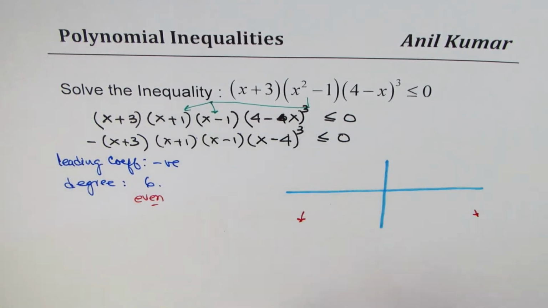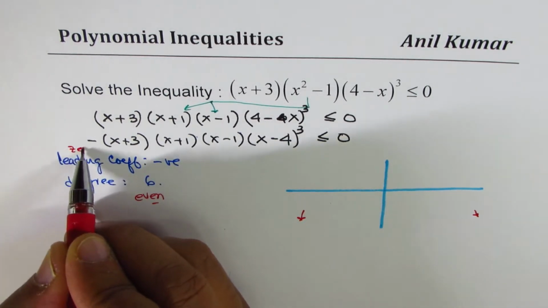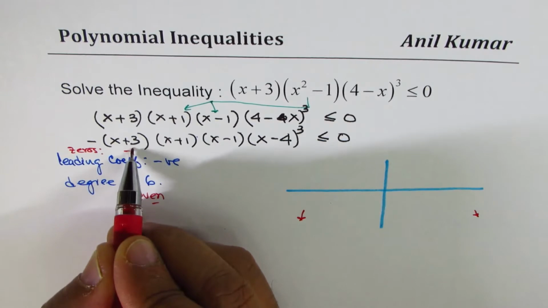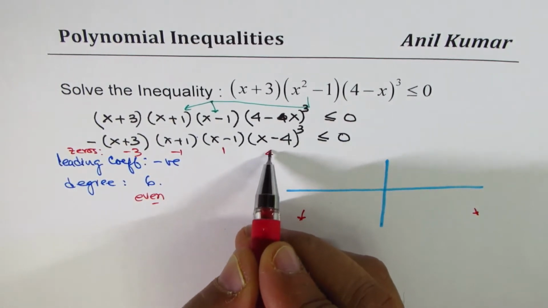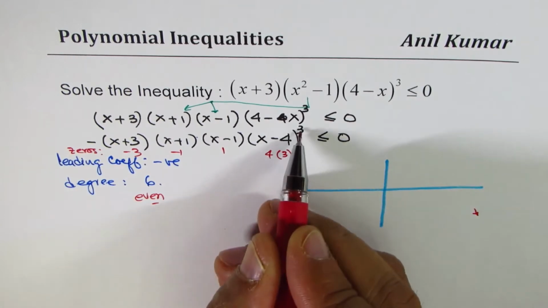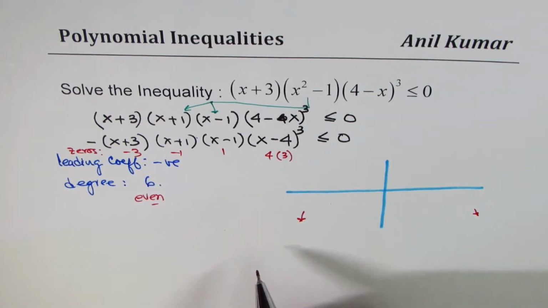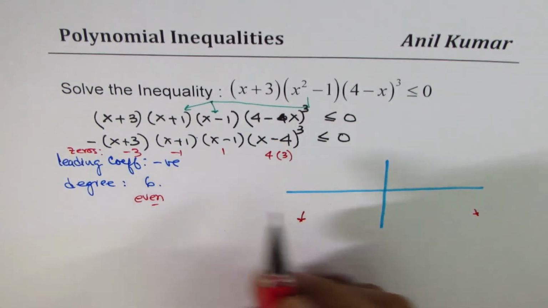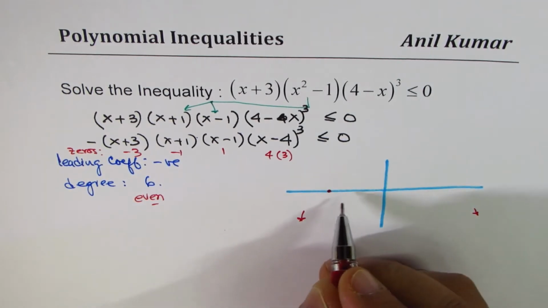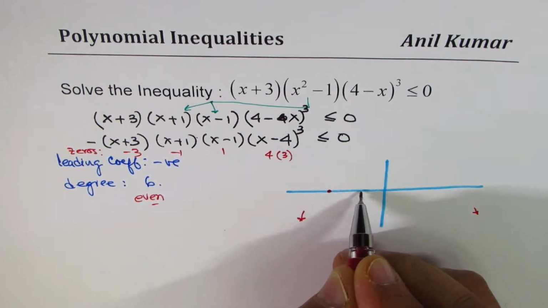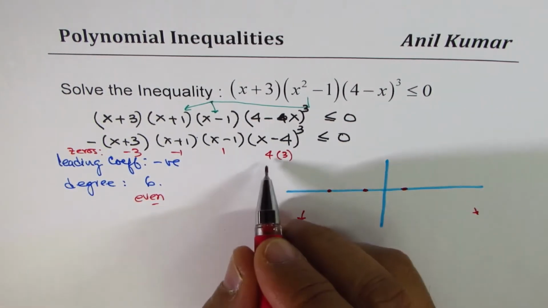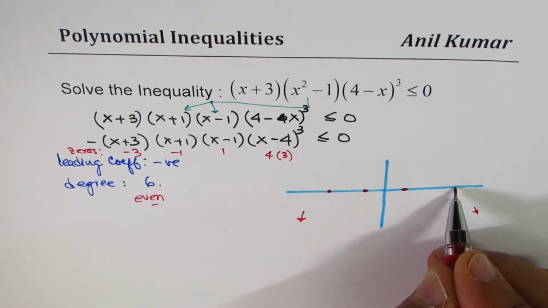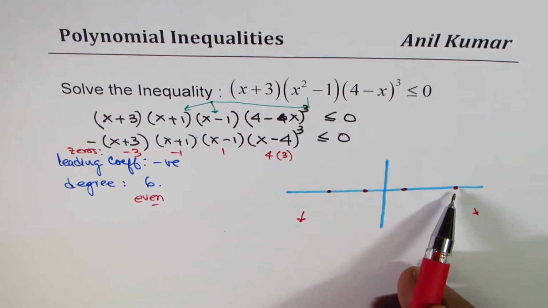Zeros are at minus 3, minus 1, 1, and 4 of order 3, correct? So we have a zero at minus 3, then at minus 1, then at 1, and then at plus 4. This is cubic.